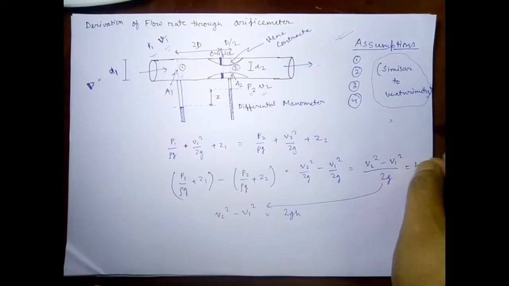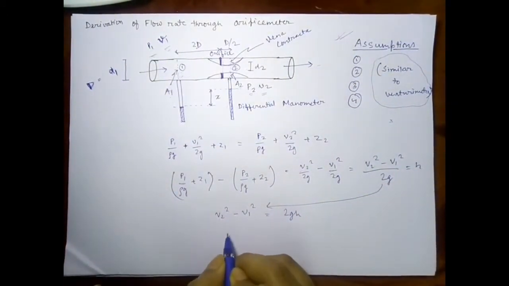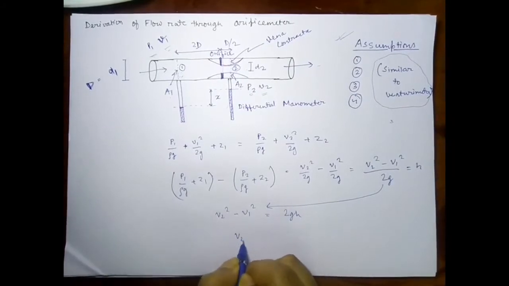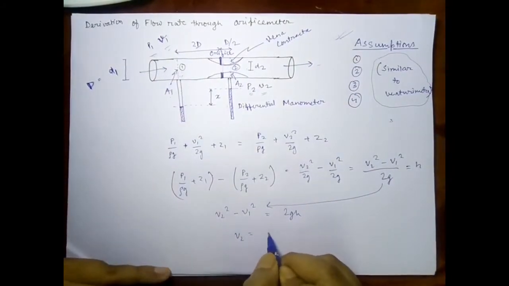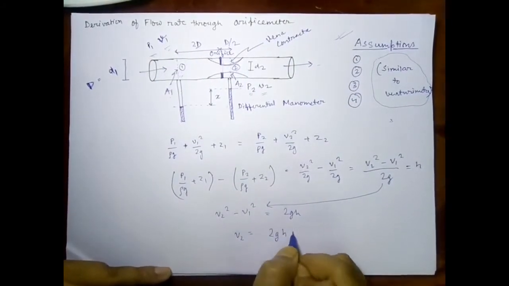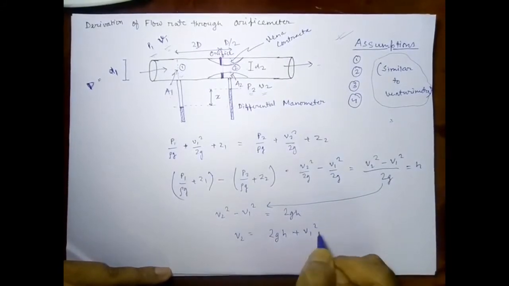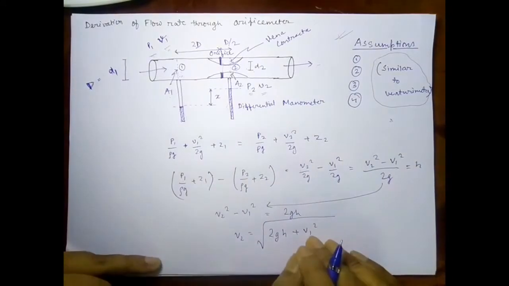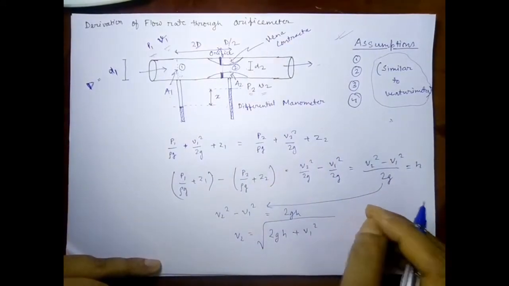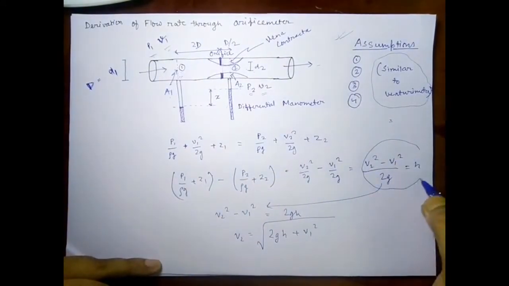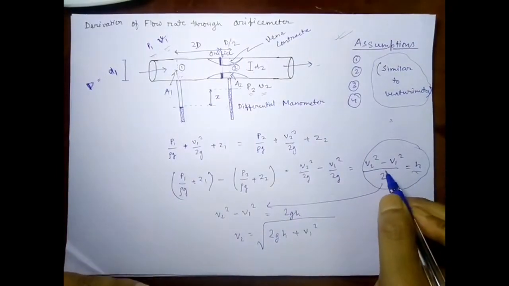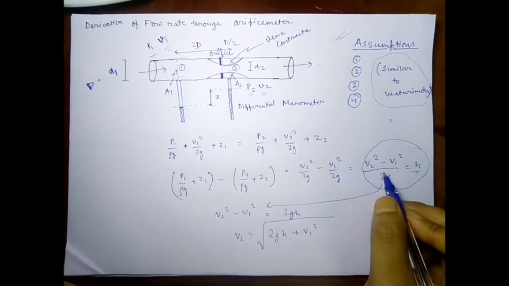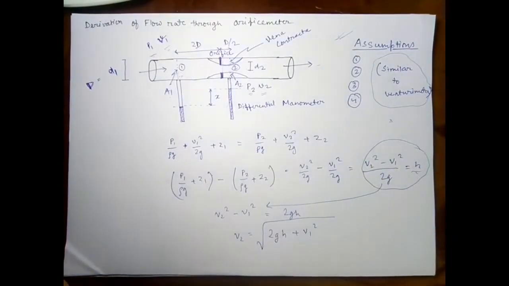Taking 2g to the other side and multiplying it with h, I will get V2 as the square root of 2gh plus V1 square, where h is the differential head, equal to V2 square minus V1 square upon 2g.